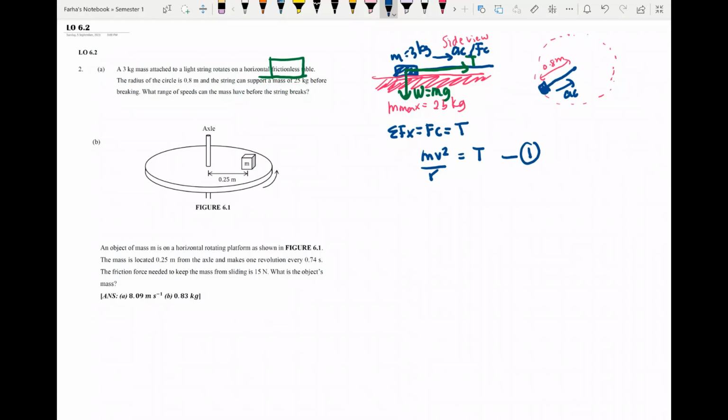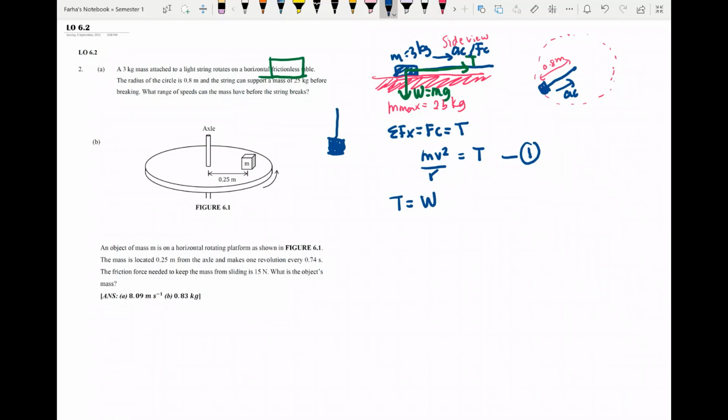Okay, dan kemudian kita tahu bahawa maximum, dia mention kat sini, maximum tension before breaking adalah pada mass dia 25 kg. So jadi kita boleh kira tension sama dengan weight. Sebab bila kita hangkan dia, ni kita punya objek, ni kita punya tali.